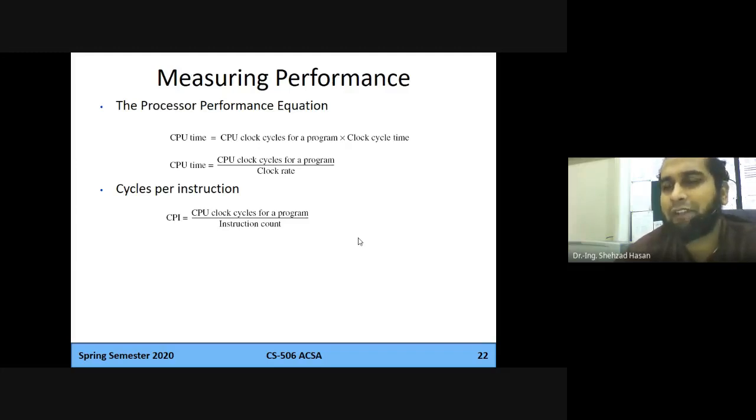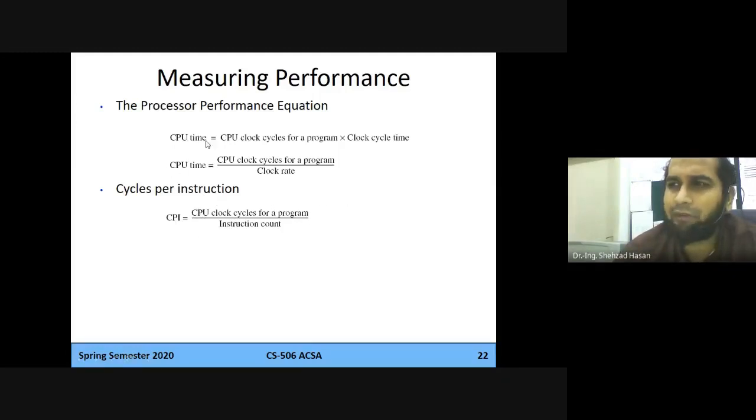For example, if CPI is 2.4 and there are 1,000 instructions in the program, each instruction on average takes 2.4 cycles. So you multiply 1,000 by 2.4, and this gives you the clock cycles for a program.